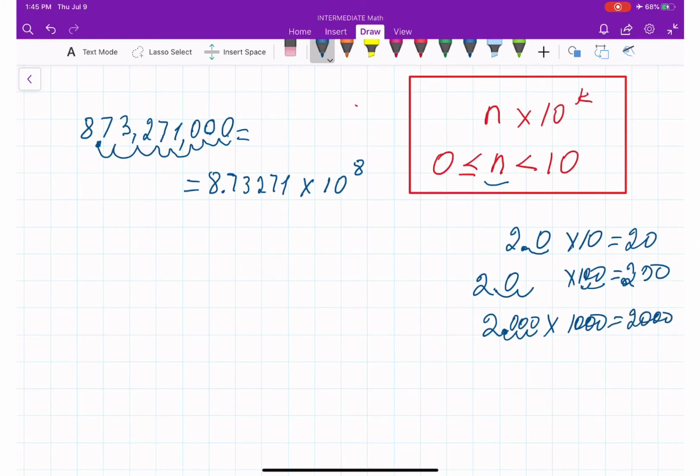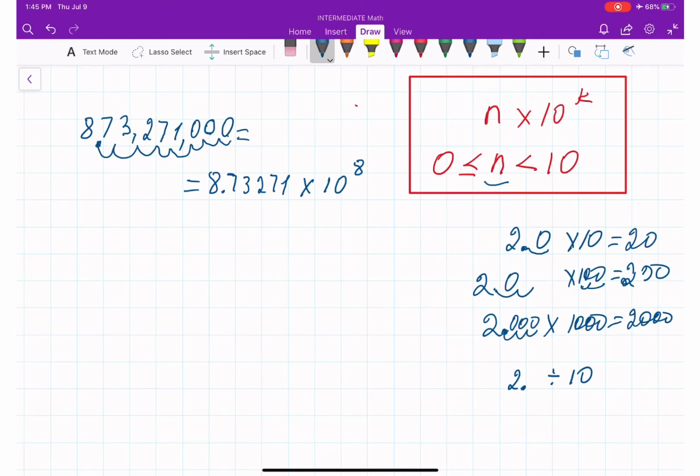Same way with division. I have 2 and want to divide by 10. This is my point, right? When I'm doing division, I'm moving to the left instead of to the right. When you move to the right, that means you are multiplying by as many tens as the zeros you have.